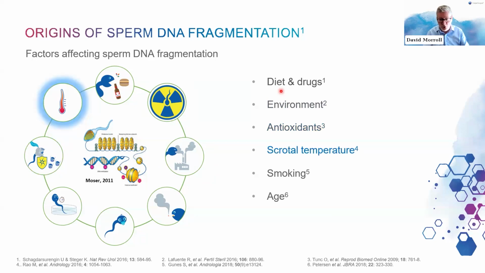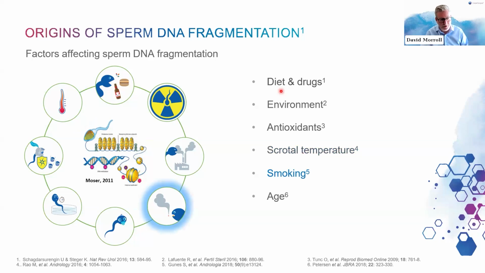Then there's temperature. We all know that the testis is at lower temperatures than the body, and that higher temperatures that we see with, for example, taxi drivers, professional cyclists, where there's evidence that scrotal temperature is elevated for considerable periods of time, we know that that has an impact on sperm quality generally and has an impact on DNA fragmentation.